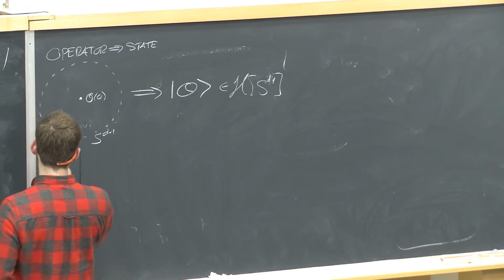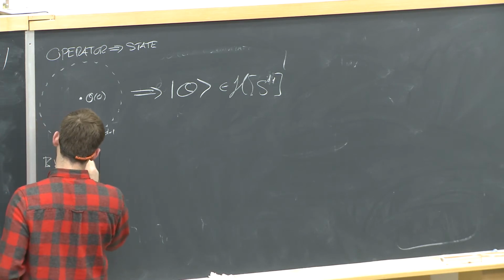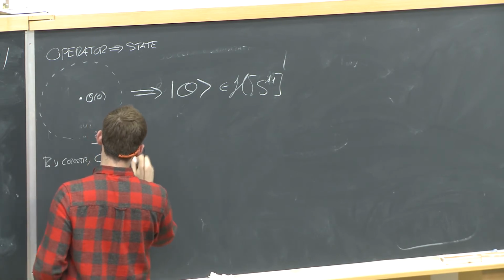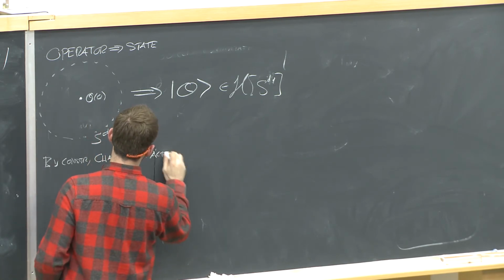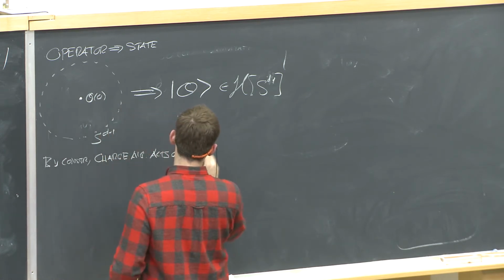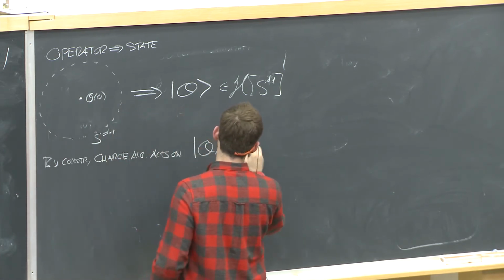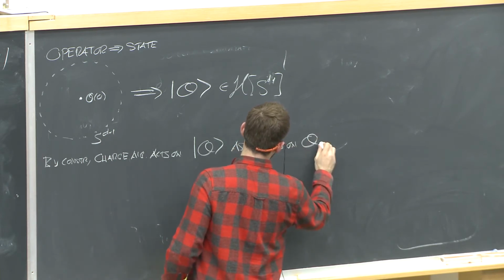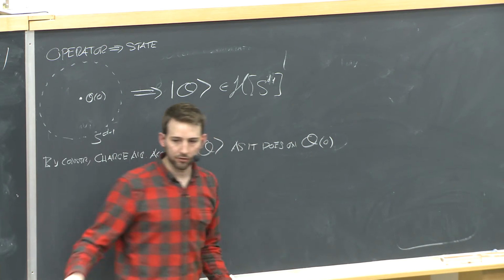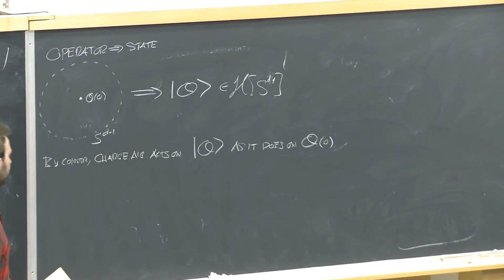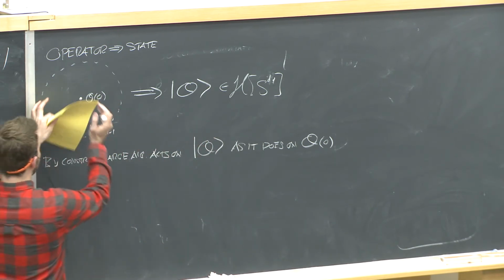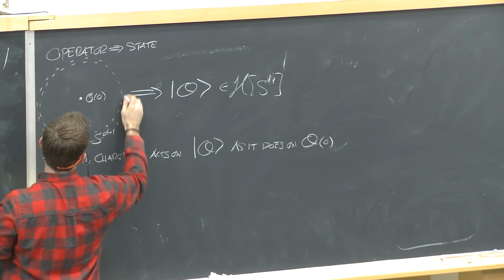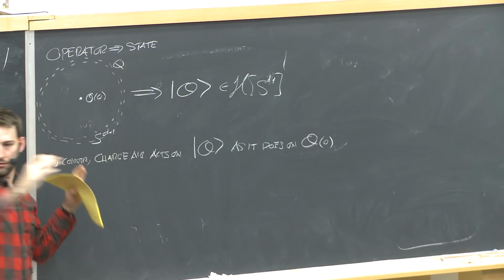And note that by construction, the charge algebra acts on these states as it does on the operators inserted at the origin, because to act on the state, I first build the state, and then I insert one of my Q's here.